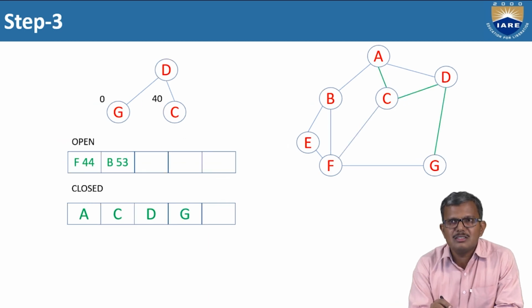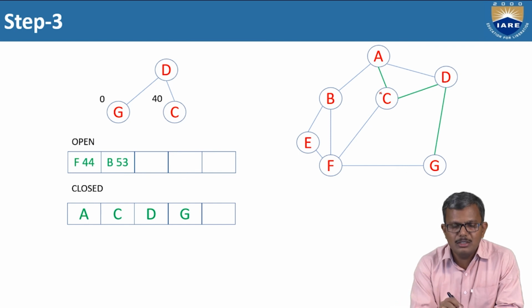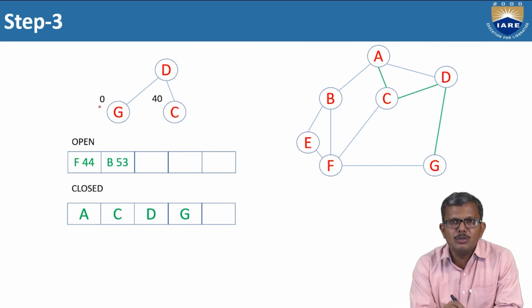From D, again two things are there, one is G and another one is C. So we are going to calculate the Euclidean distance. The Euclidean distance from D to G, whenever you reach G, means the distance from G to G, obviously it will be 0.